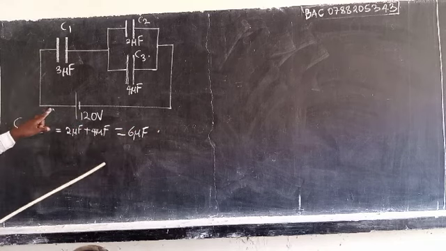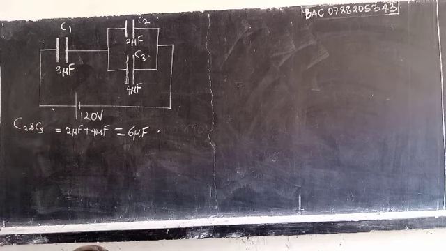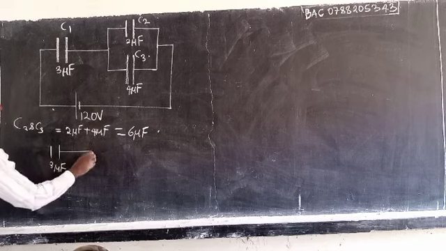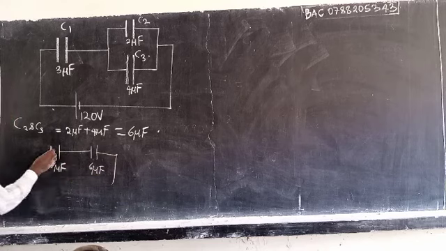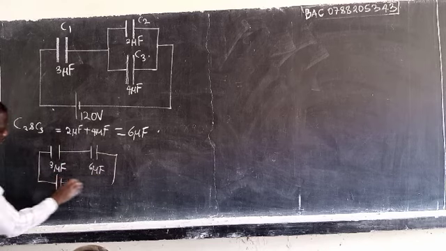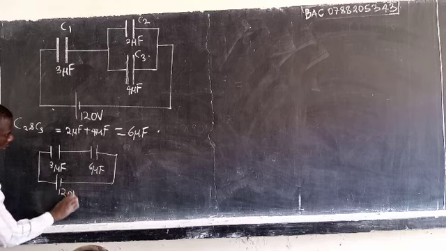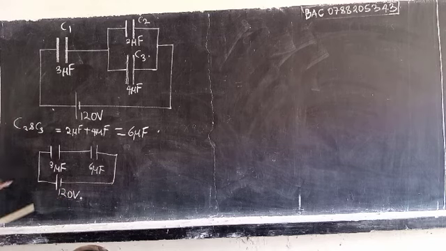And after doing this, you would have a diagram that looks like this. This is 3 microfarads, and then the whole of that is 6 microfarads. Then this is 120 volts. So what is the effective of these two?